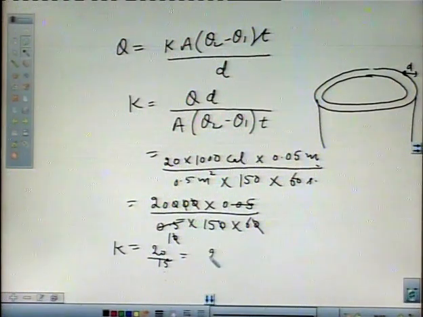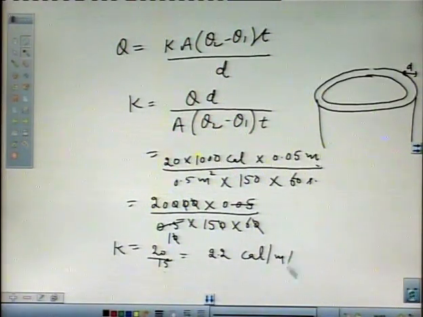The value is 0.33 calorie per meter per degree Celsius per second.